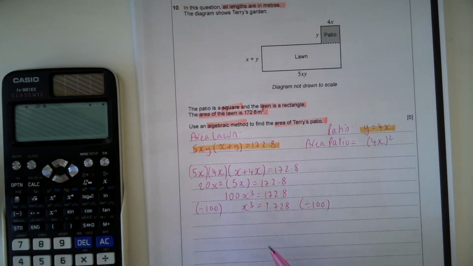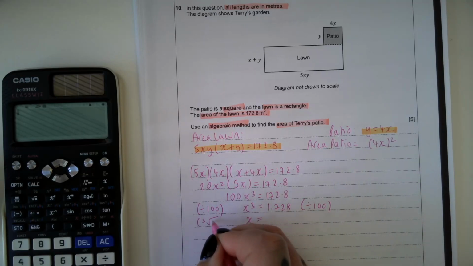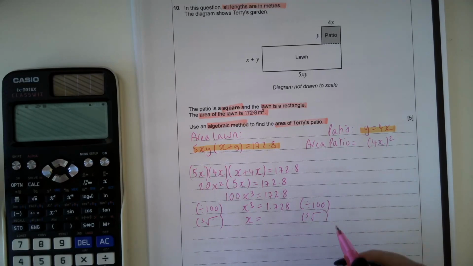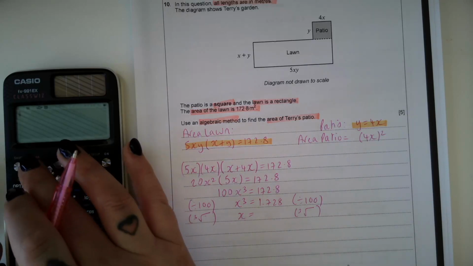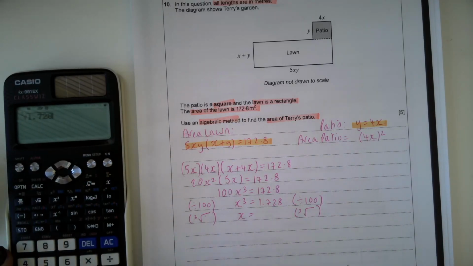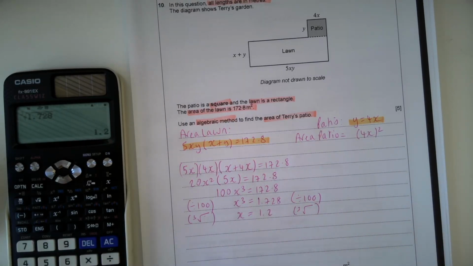I'm isolating x. The inverse of cubing would be to cube root. So when I cube root this side, I get x. The cube root of 1.728 is 1.2. Okay, so x is 1.2.